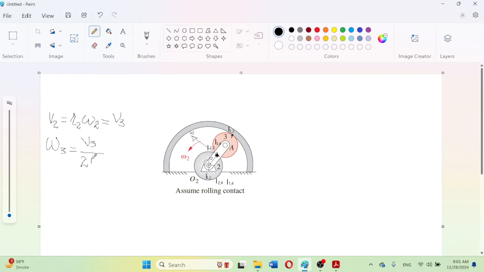For example, if we are given the radius of link number 3, the diameter will be equal to 2 r3.